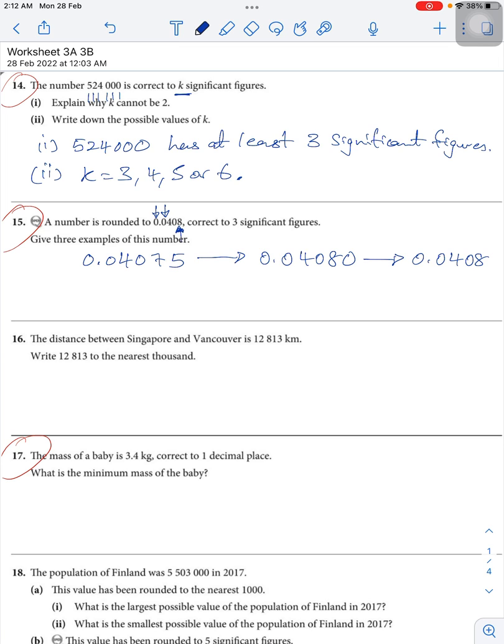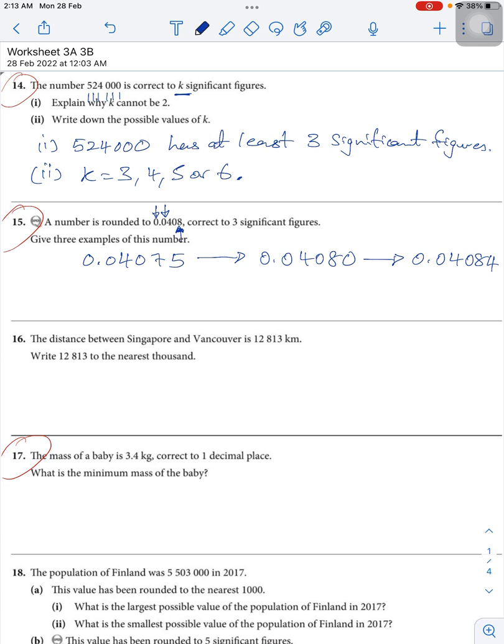So you can have the maximum as 0.04084. It can be all these numbers in between, so you can have a wide variety. It's an open-ended question, so you can choose any 3, but I've given you some from somewhere in the middle of the range of numbers. So you can pick and choose these numbers.